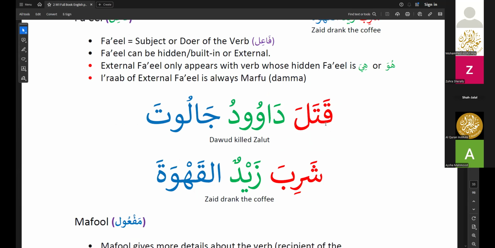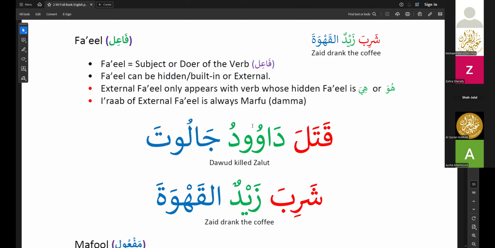Like Qatala Daudu Jaluta. Qatala, he killed. But Qatala is a huwa form verb, with an external fa'il, which is Daudu. And we mentioned in the last bullet point that the i'rab of the external fa'il is always marfu.